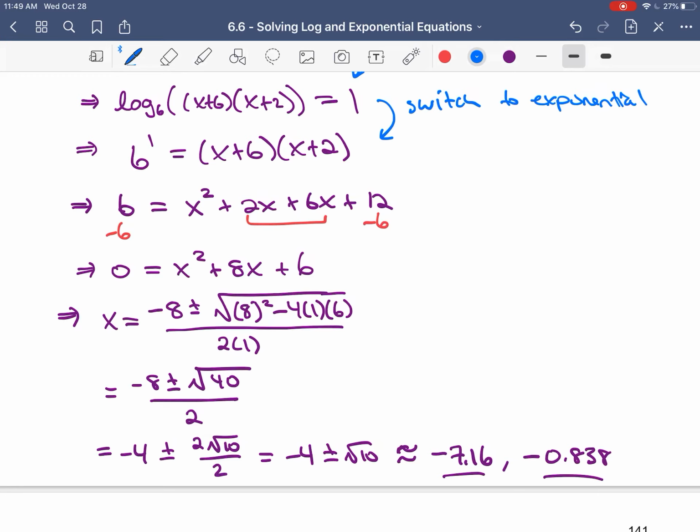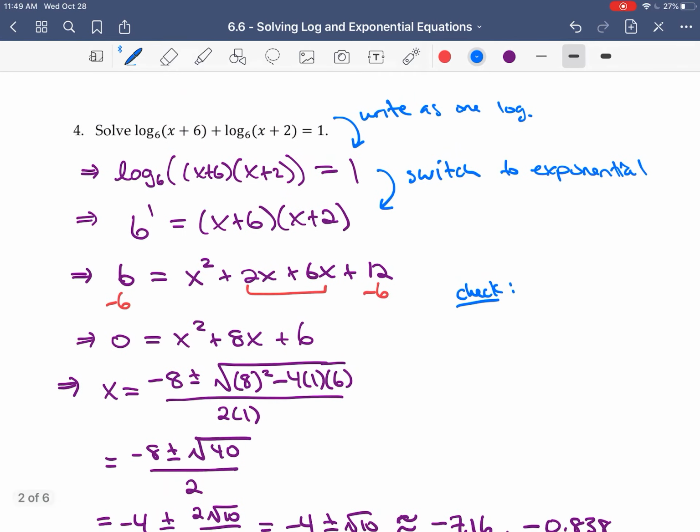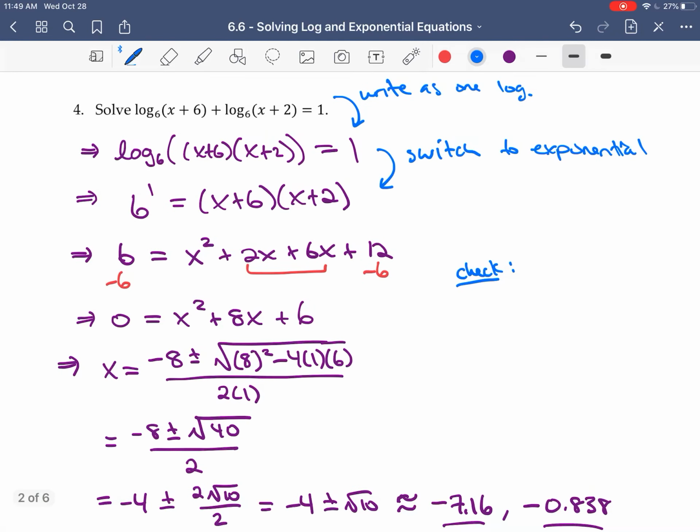And then we'd want to check, basically want to check that they're not negative when I plug them in. So if I check x approximately equal to negative 7.16, I'm going to have log base 6 of that number plus 6, plus log base 6 of that number plus 2, equals 1.